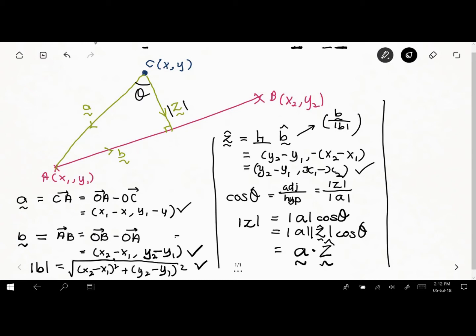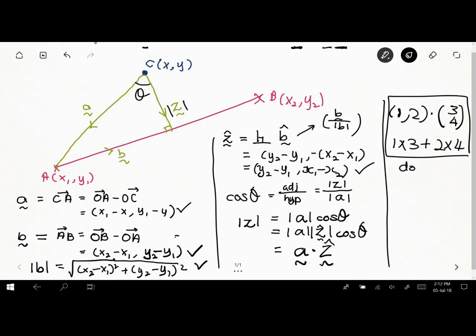In matrices, if I have (1, 2) dot (3, 4), it is 1 times 3 plus 2 times 4. This process is your dot product, and it is applied here. We know the coordinates of A and of Z, so we apply A dot the unit vector Z to get the length for Z.